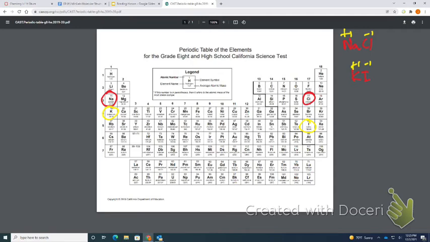Okay, so which one is going to be bigger? Well, remember, as you go down a group, it gets bigger, right? Because you add an extra energy level. So sodium chloride is smaller than potassium iodide.